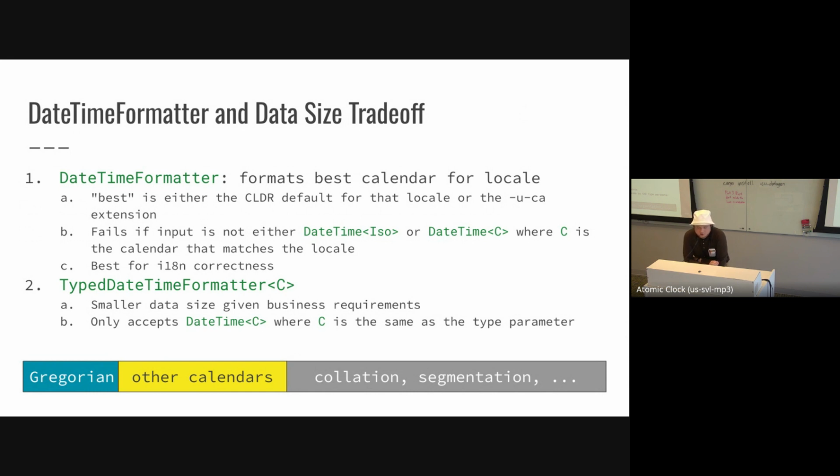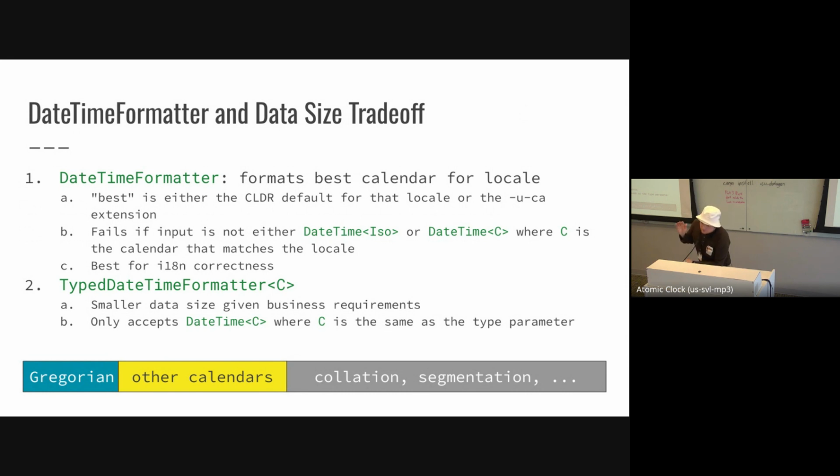And this gets us to the last part of this slide, which is, when you're thinking about your data, if you include all the data, you include the blue, yellow, and the gray parts of this graph on the bottom, where you're including all of Gregorian, all calendars, as well as a whole bunch of other things maybe you don't need, like collator or segmenter.